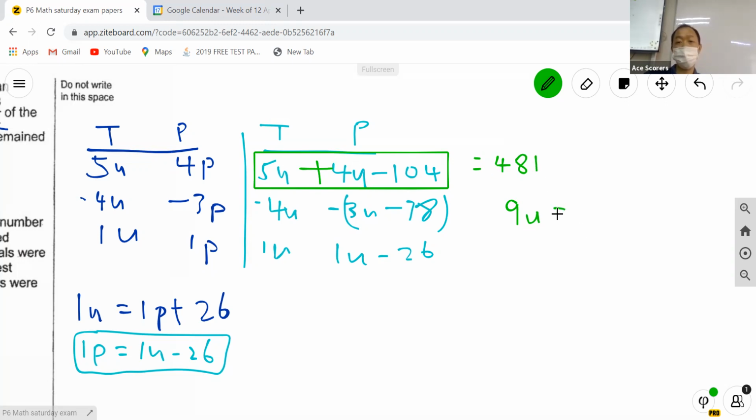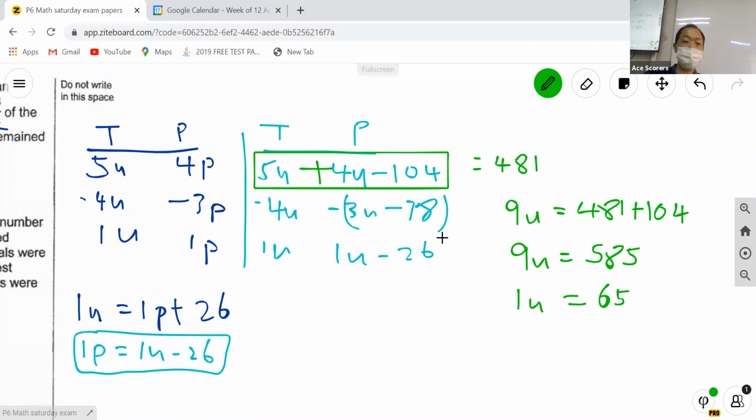So 9 units minus 104 equals 481. So to find 9 units, you must add 104 here. So 9 units equals 481 plus 104, which is 585. So 1 unit equals 65.